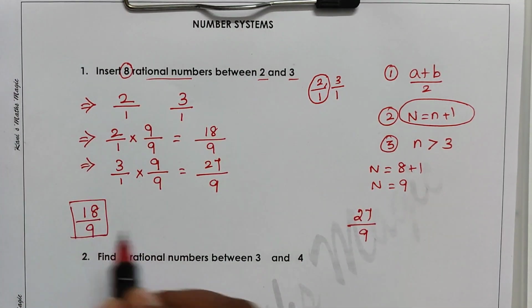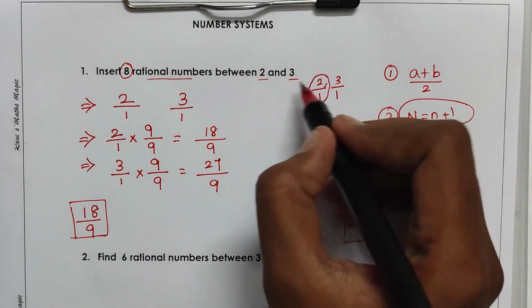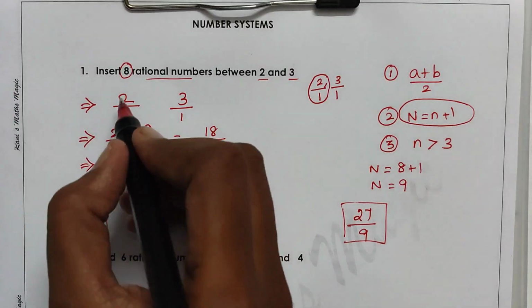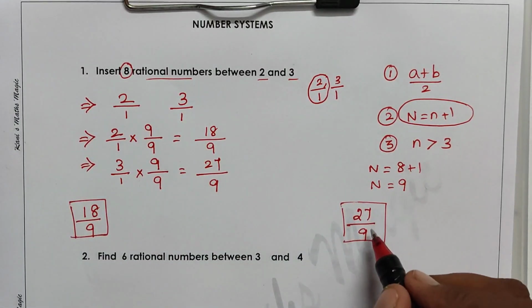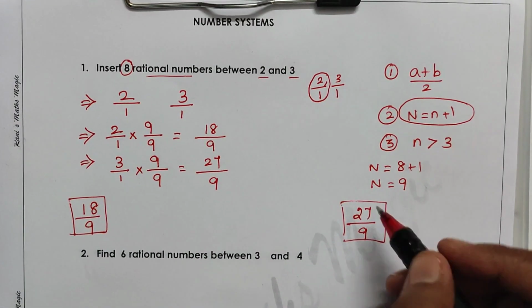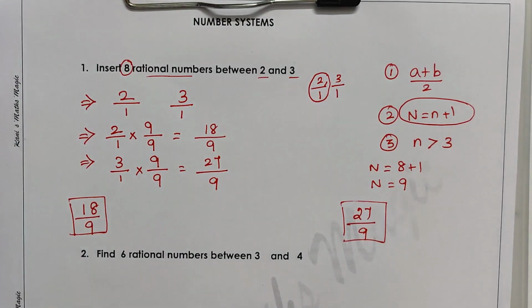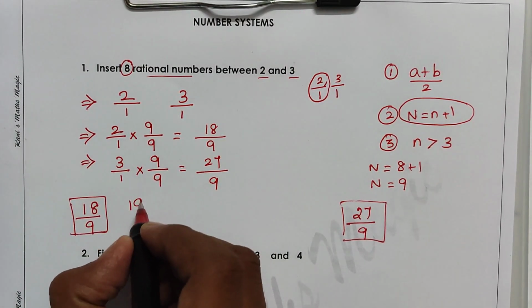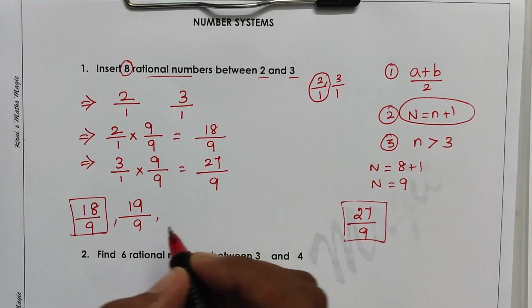These two numbers are equal to 2 and 3. If we divide 18 by 9, the answer is 2. If we divide 27 by 9, we get 3. So after 18/9 is 19/9, our next number.